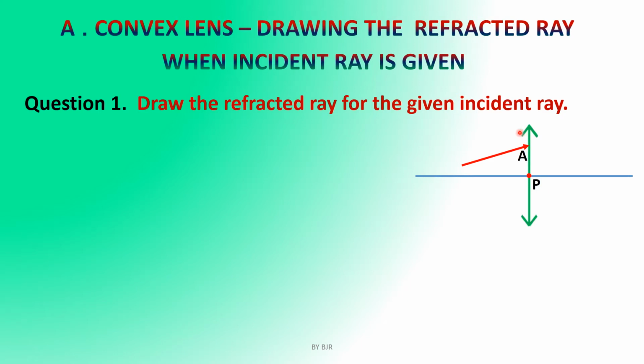So this is the problem figure. For this incident ray, we have to draw the refracted ray. There are 4 steps in drawing the refracted ray for the given incident ray. Let us go for the solution.